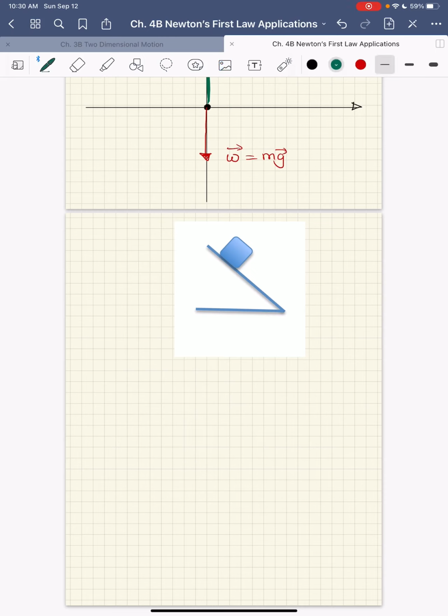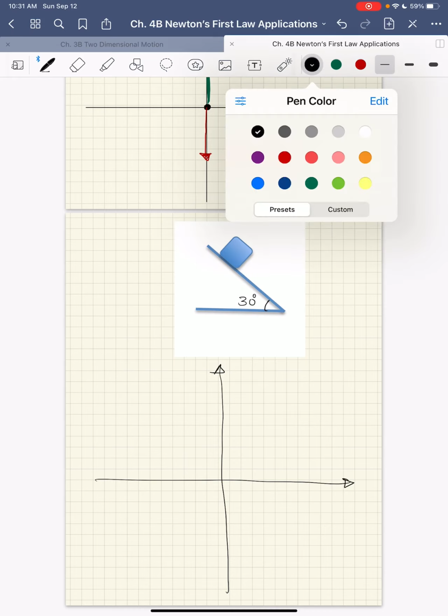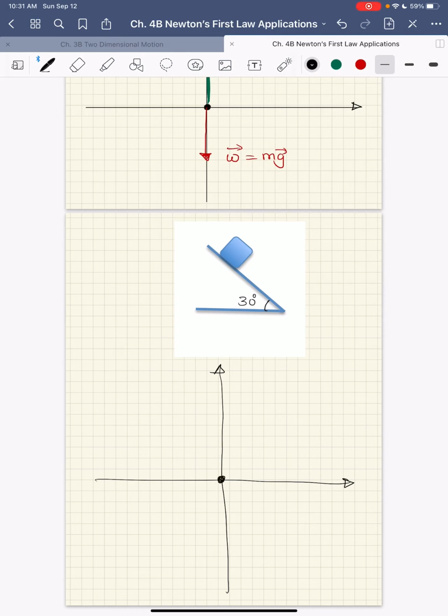And then I will have my axes as well. Usually this angle will be given to you, let's say 30, because I want to show my 30 on the diagram. Then this is the dot that represents the center of the object.